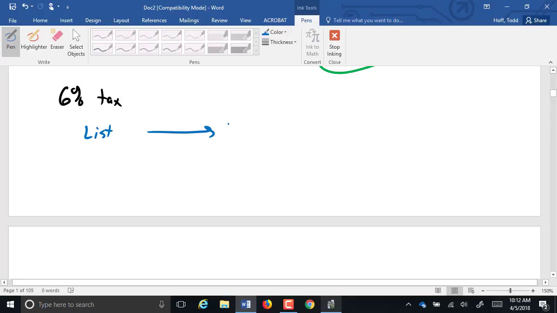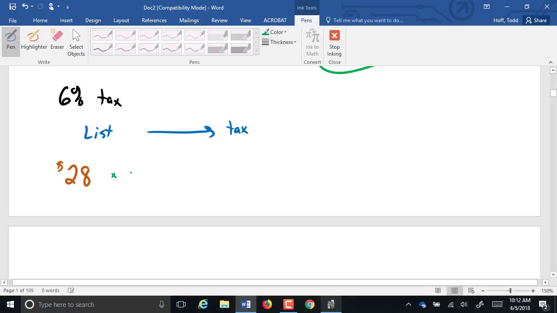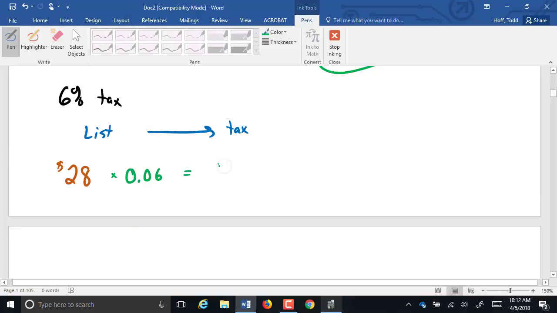So let's say you have a $28 item for list price and you want to find the amount of tax. I'm going to multiply by that rate. 6% is 0.06, giving us $1.68 in tax.